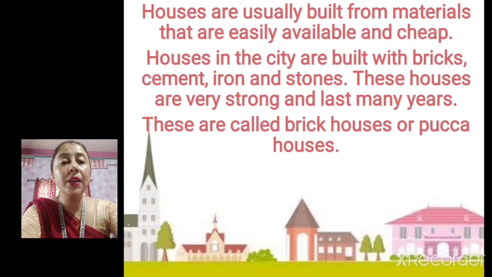Houses are usually built from materials that are easily available and cheap, the materials around us that are cheap and easy to buy. Houses in the city are built with bricks, cement, iron and stones. These houses are very strong and last many years.